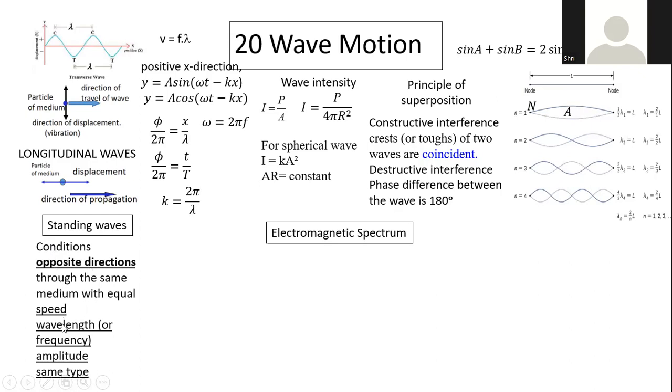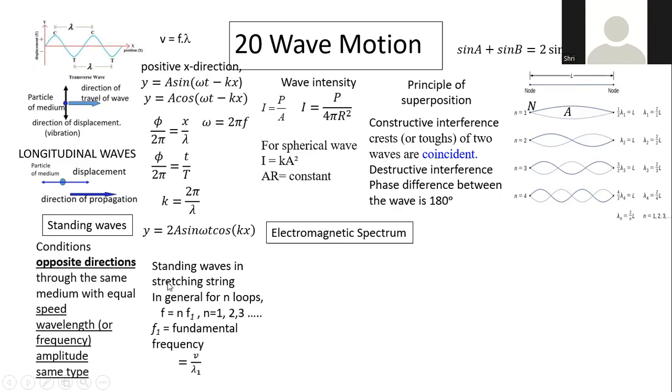They must have the same speed, wavelength or frequency, same amplitude, same type. That means sound wave with sound wave, electromagnetic wave with electromagnetic wave. Using this equation, we should be able to get that one for standing wave.